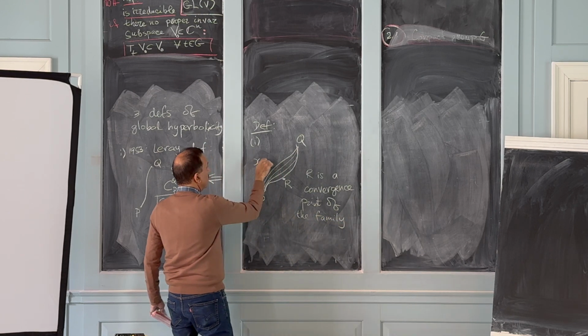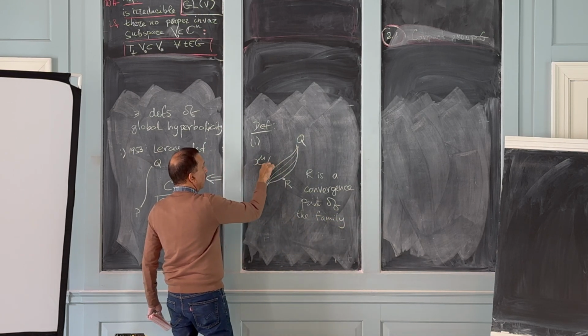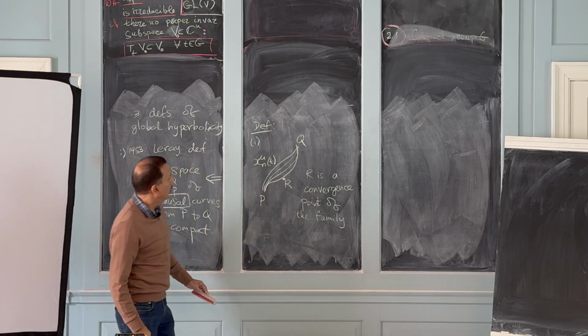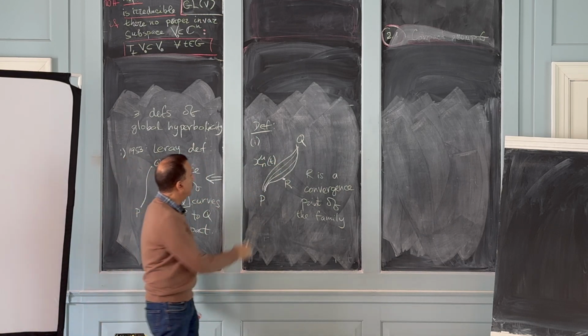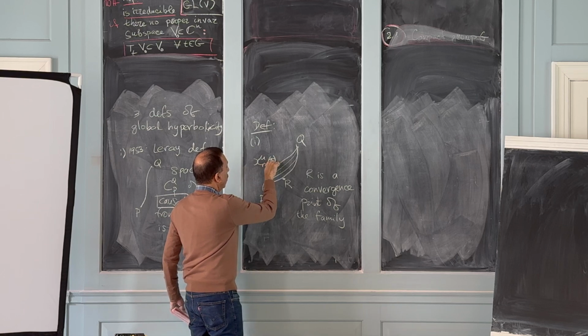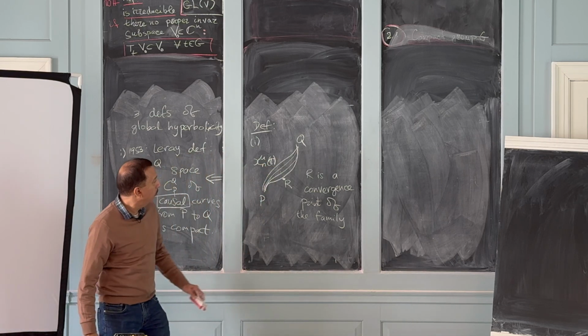Let's call the curves x n of tau, where tau is the proper time.